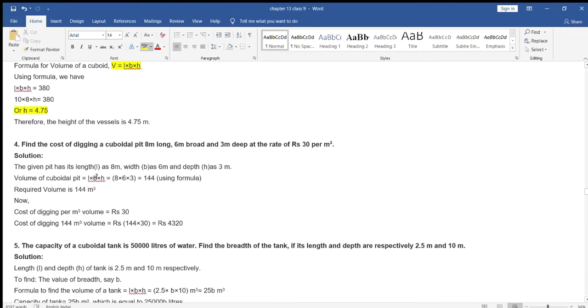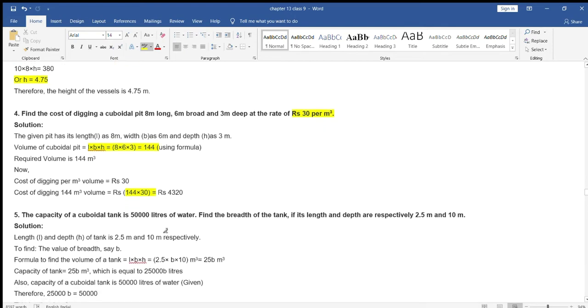Using the formula, we found the volume, and because it is given as rupees 30 per meter cube, for finding the cost we multiplied by the rate. So simply we can get our answer.